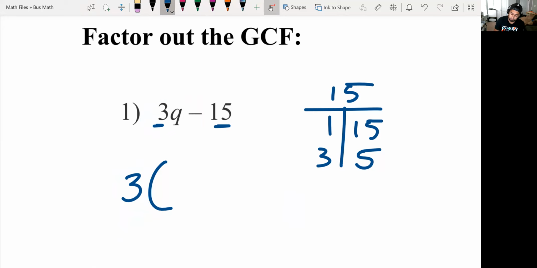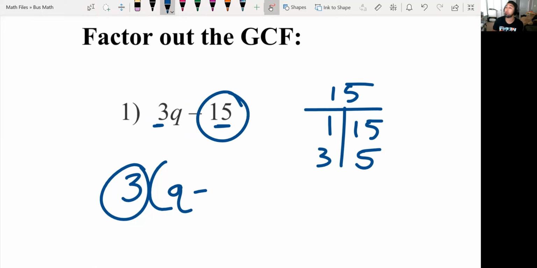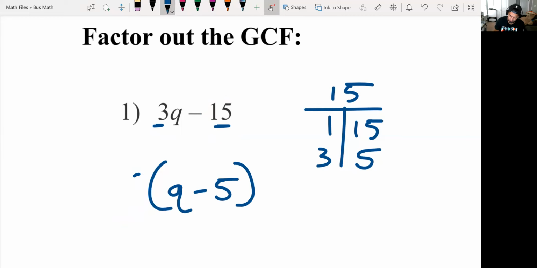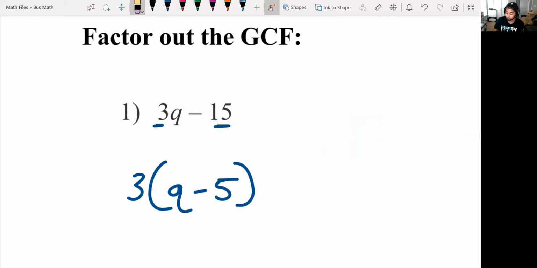Minus, and now 15 divided by 3 means we end up with 5, and close parentheses. And that's it. That is factoring out the greatest common factor.